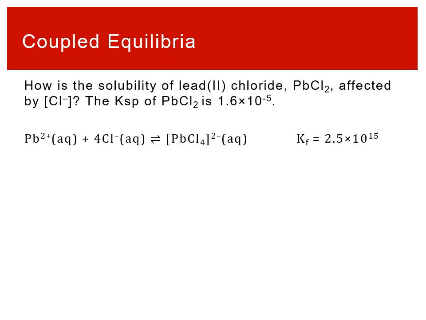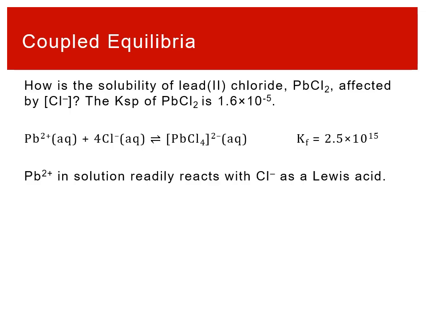the 15th. So if lead-2 chloride dissolves in water, those lead-2 cations are really happy to interact with chloride to form these ions. This is going to happen really aggressively, forming these complex ions. And so it's going to behave as an acid with the chloride, that's the Lewis base. And so if we're looking then at lead-2 chloride dissolving, well, that'd be Pb2 plus and chloride, right?